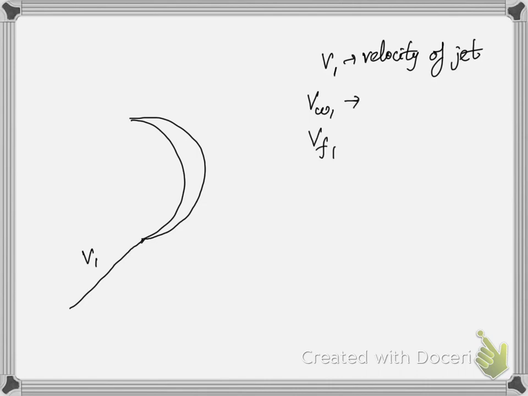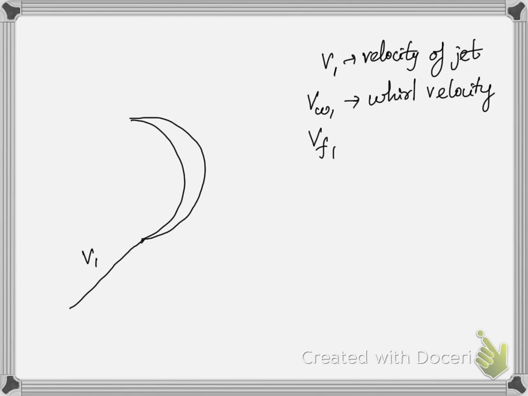VW1 is called the whirl velocity, the component of the velocity of the jet in the horizontal direction. And VF1 is the velocity of flow, the component of the velocity of the jet V1 in the vertical direction.